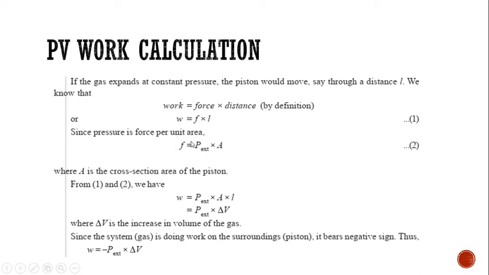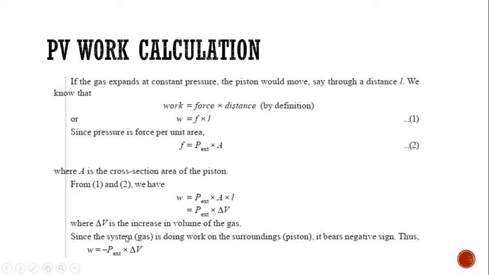Applying the value of force in the above equation, then we will get the value of work done, that is work equals to P external multiplied by del V. We can replace this area into length with del V, as del V is the increase in volume.